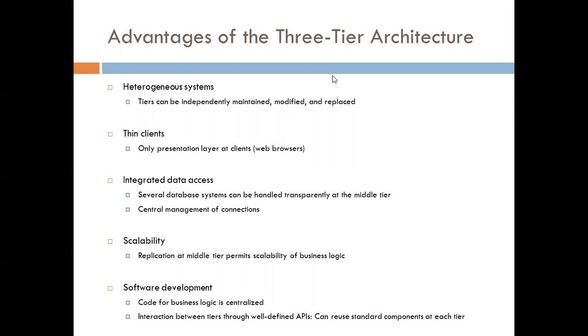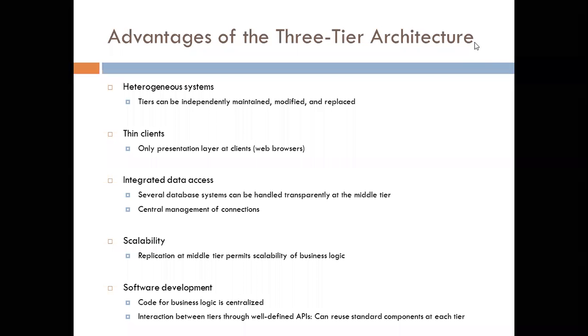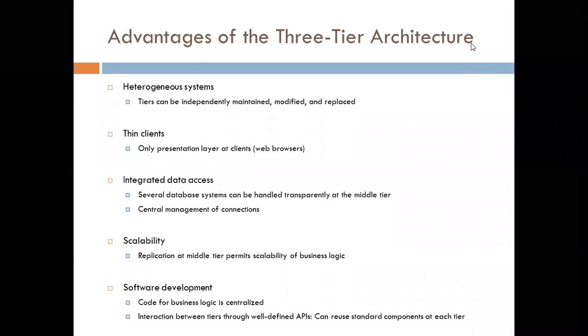Integrated data access: several data systems can be handled transparently at the middle layer. So there will be central management of connections. Scalability: it represents a replication at the middle tier which permits scaling the business logic.